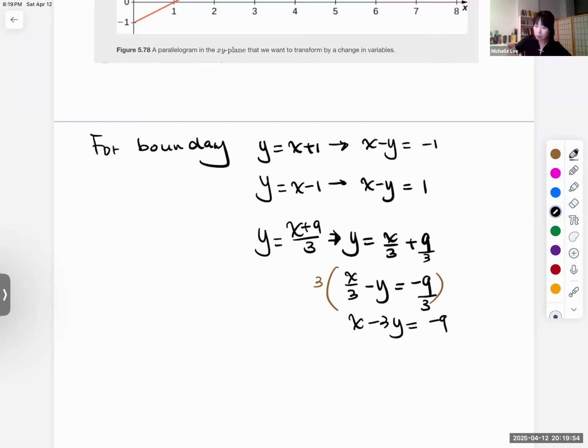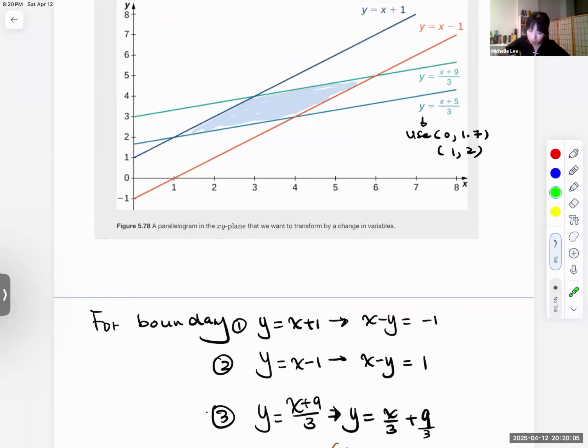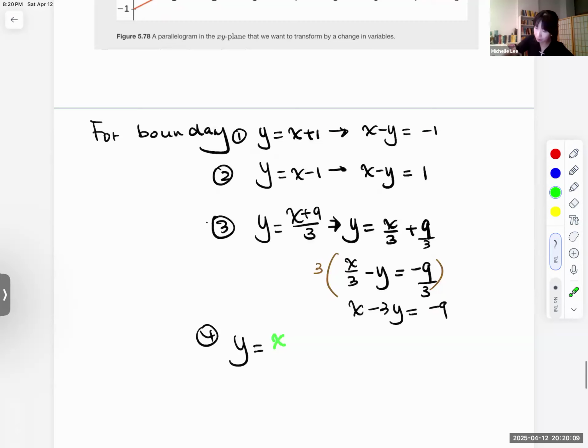We do the same process for number 4, which is y equal to x plus 5 over 3. So x plus 5. Let's make it this way, right? Okay, now we want to make xy form.